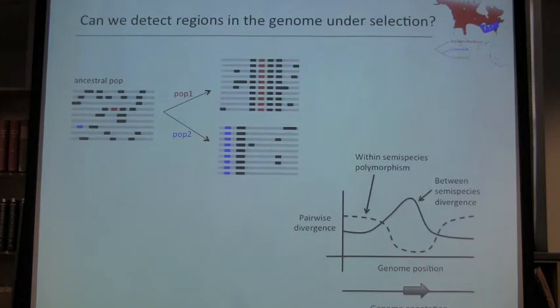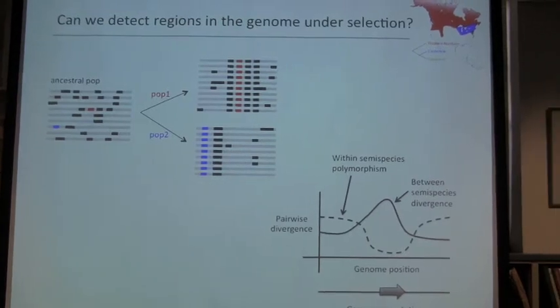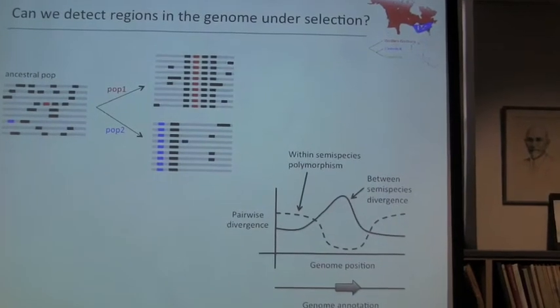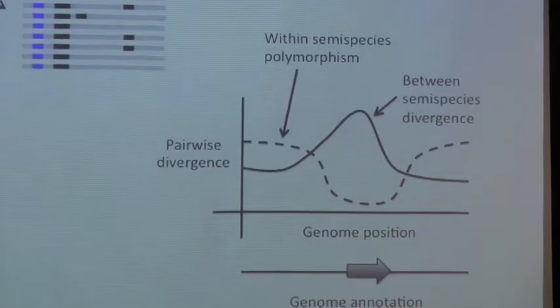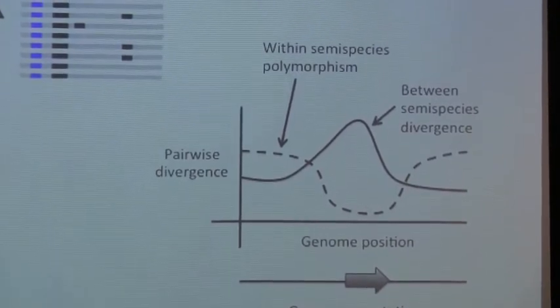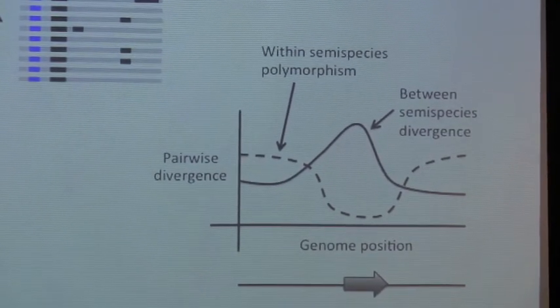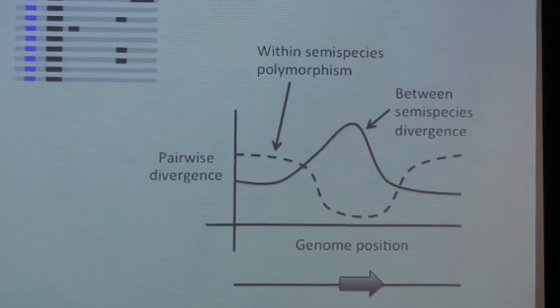And so when you scan across the genome, what you'll see is this plot down here where, in a region where a selective sweep has occurred, you would see a peak in between semi-species divergence. So you're comparing these two genomes and they really diverge. But then you see a dip in the within semi-species polymorphism.